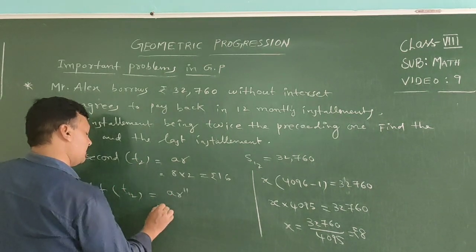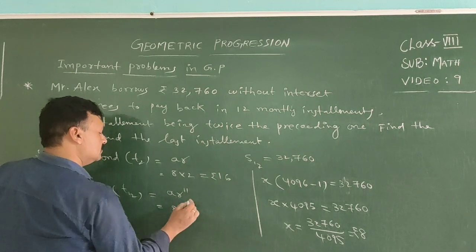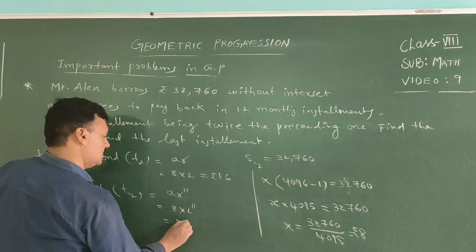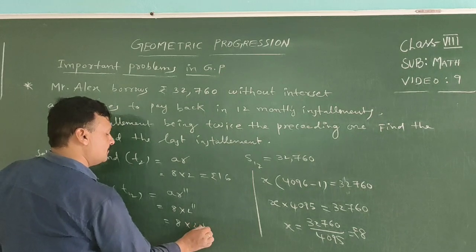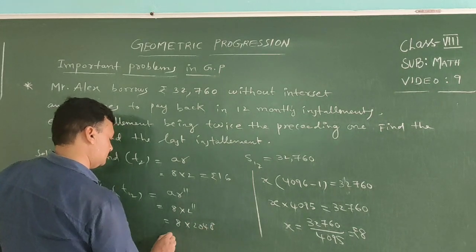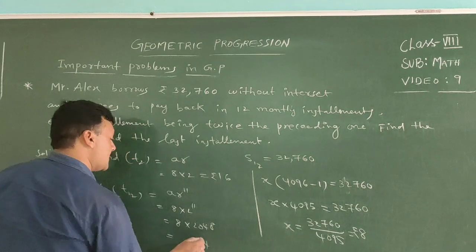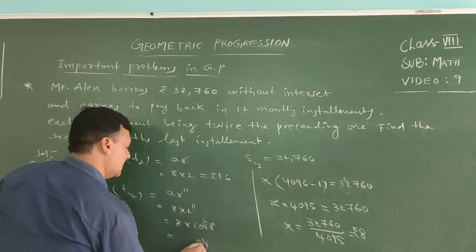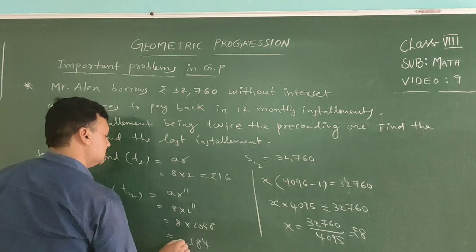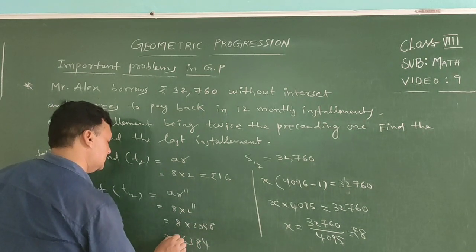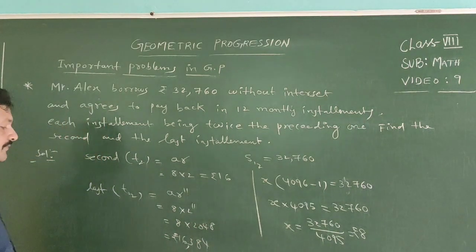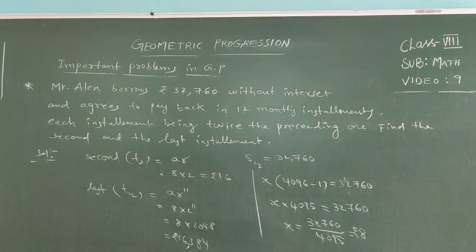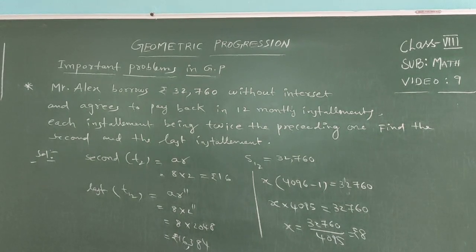So AR power 11, A means 8 into 2 power 11, so 8 into 2048, which is 16,384. 16,384 is the last installment.